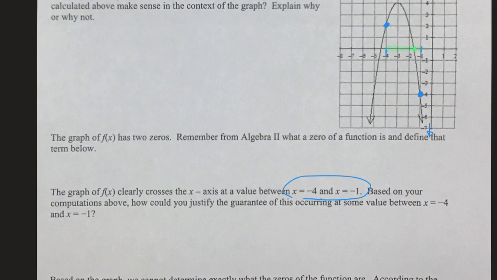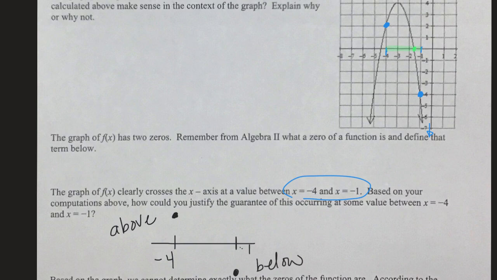Let's look at the y values at the given points. We have the point -4 and 2, which is here. So 2 is above your x-axis. At -1, our value is -4, which is below your x-axis.